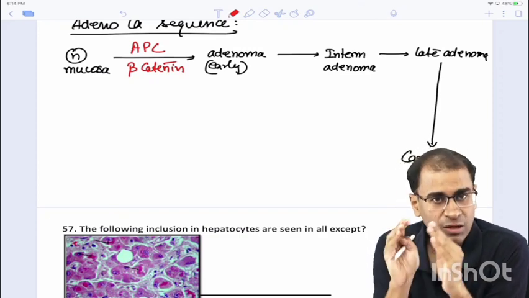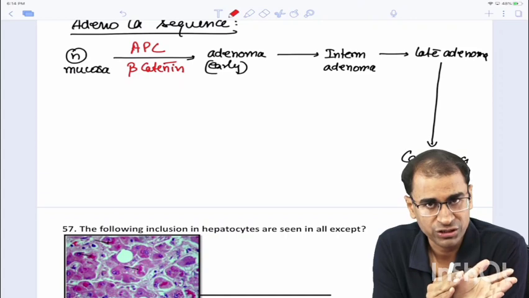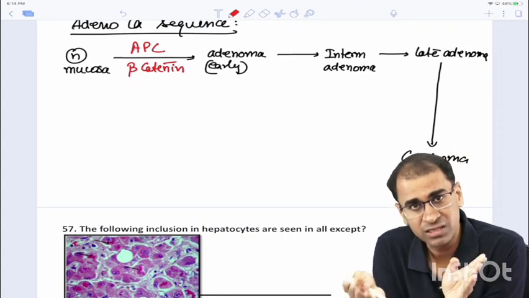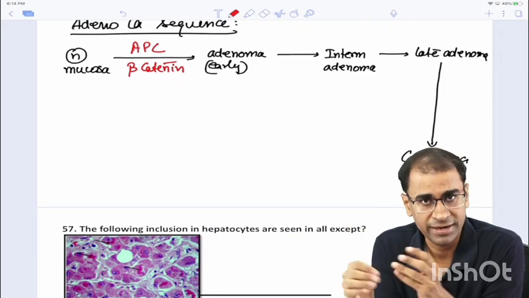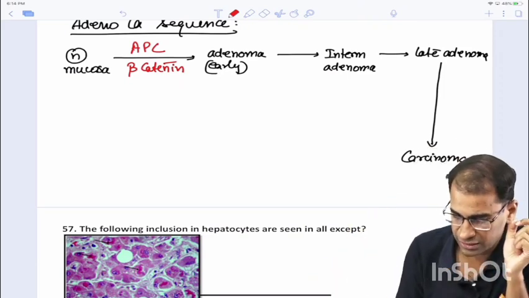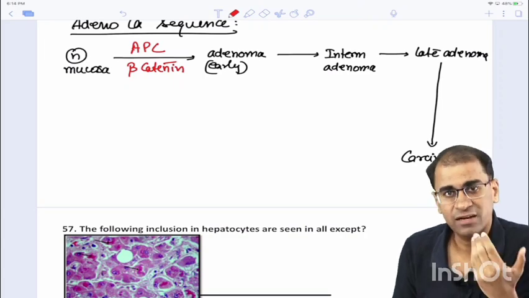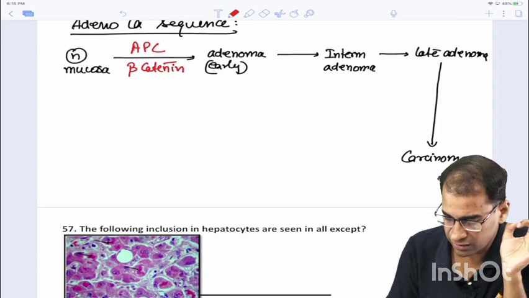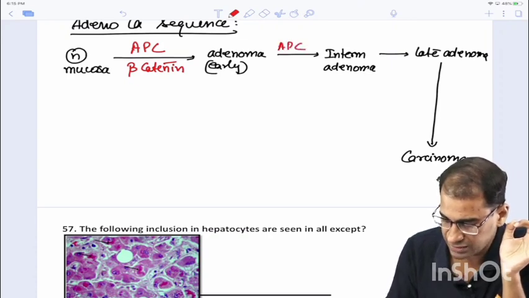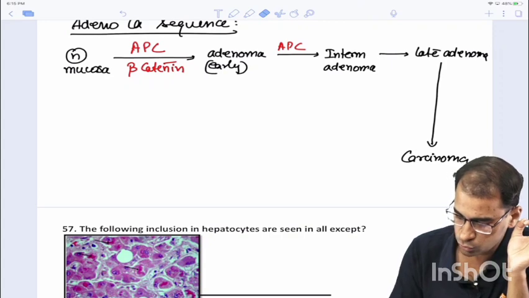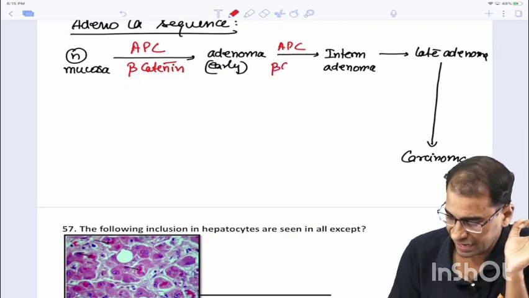So one of the mutations is at birth, germline, and the second one is a somatic, acquired mutation. The germline mutation is there, and then a second allele mutation can occur after birth. So APC and beta-catenin occur here, progressing to beta-catenin.